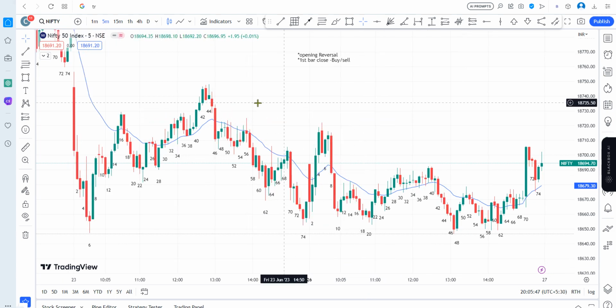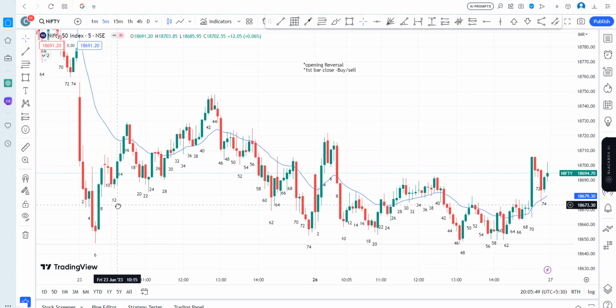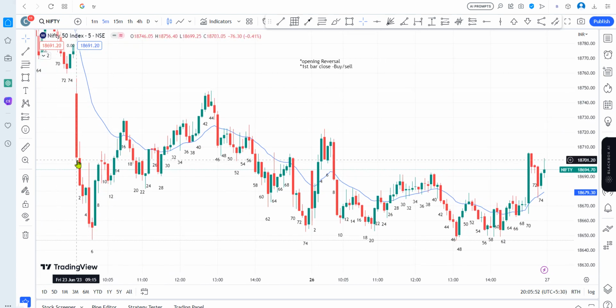If you see yesterday's chart, our second approach is for first bar close, buy or sell in that direction. Okay, so this is the bear bar, so we are selling it on the first bar.